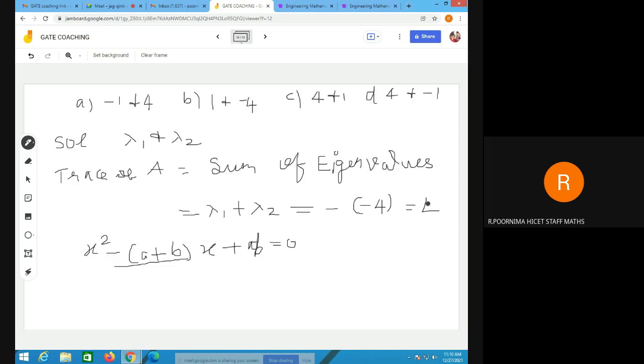Next, determinant. Determinant is the product of two eigenvalues. If you want to find the determinant of a particular matrix, the formula is the product of the two eigenvalues.